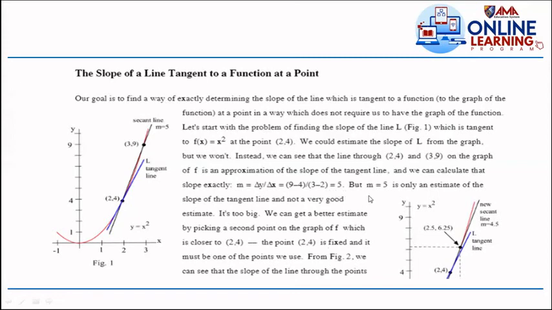Pero sabi dito, but m is equal to 5 is only an estimate of the slope of the tangent line and not a very good estimate because it's too big. So pag titingnan po natin yung point po natin mula dito, yung red line, yung curve po natin, saka yung black line natin, okay?